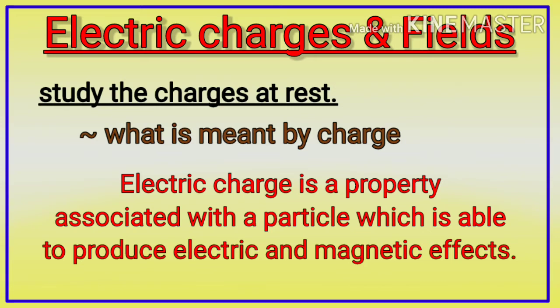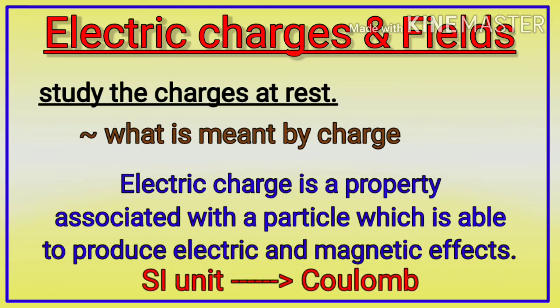Once again, my dear students, electric charge is a property associated with a particle which is able to produce electric and magnetic effects. Mind it. It is a scalar quantity, and its SI unit is Coulomb.